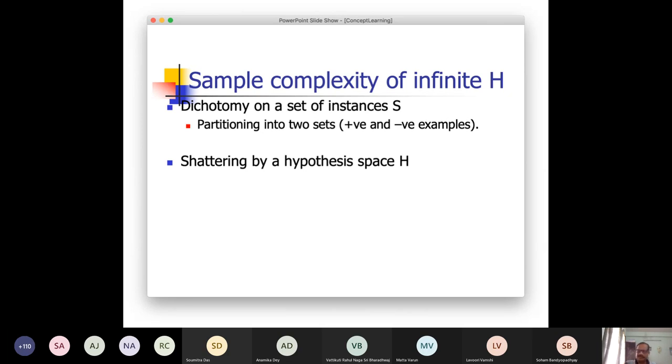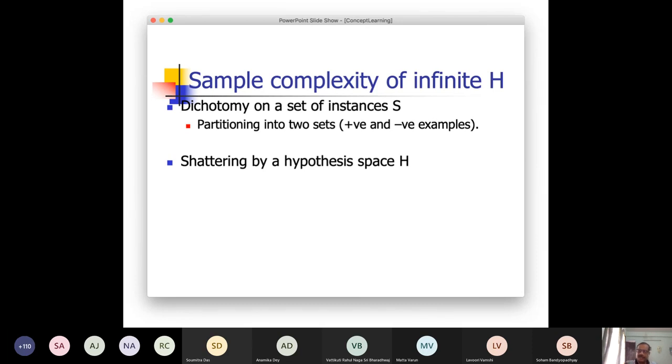So consider you have a fixed, finite number of instances. Now keep the instances fixed, and you label them arbitrarily, either positive or negative. That means you are partitioning them into two groups, one with all positive examples, another with all negative examples. Now this is a dichotomy.